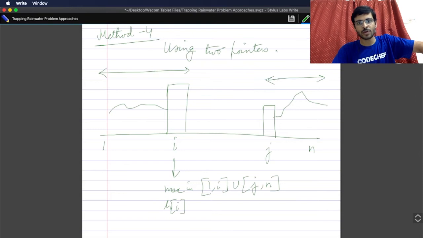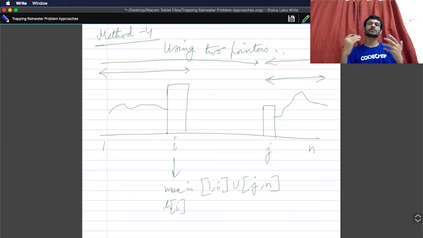For this j, what do I know? That basically the maximum height to the right up to here, and this maximum height, if I take the minimum, is going to give me the target height, right?